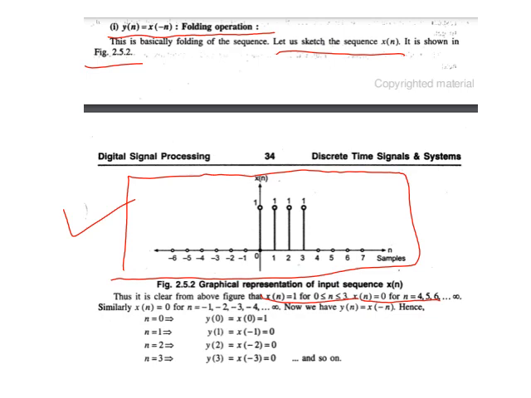Now we have x of minus n. Hence for n equals 0, y of 0 equals x of 0, that is 1. For n equals 1, y of 1 equals x of minus 1, that is 0. For n equals 2, y of 2 equals x of minus 2, that is 0. And last is n equals 3, y of 3 equals x of minus 3, and this will continue for the other values of n also.